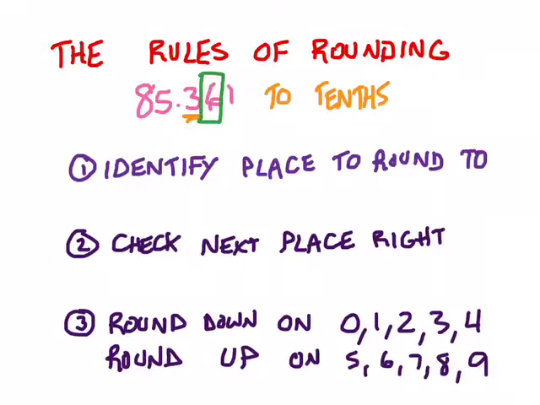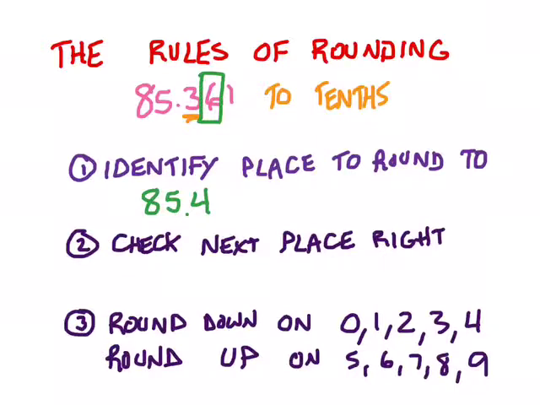That means, again, that it's closer to 85 and 4 tenths than it is to 85 and 3 tenths. I'm going to change that 3 to a 4, and I'm going to drop everything after my rounded place. So it would end up being 85 and 4 tenths.